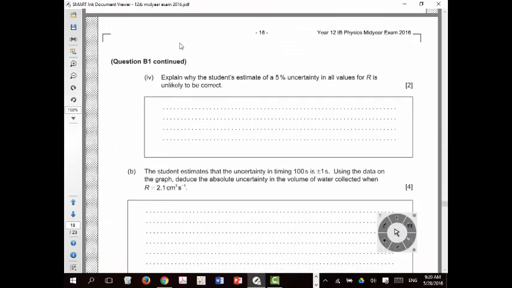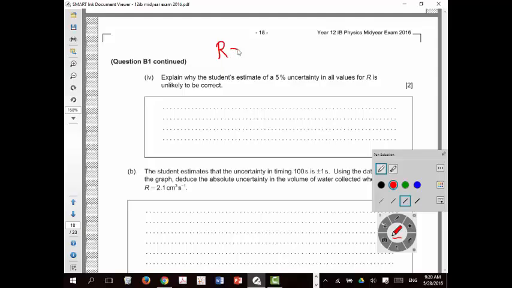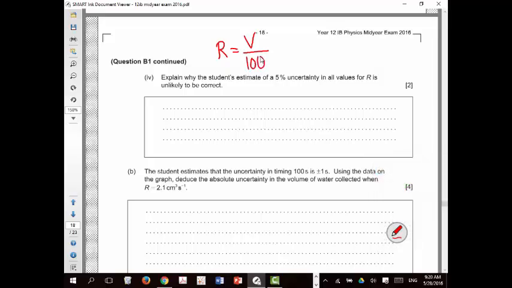Explain why the student's estimate of a 5% uncertainty in all values for R is unlikely to be correct. Okay, so the way that the student measured R is to take the volume divided by the time, which was 100.